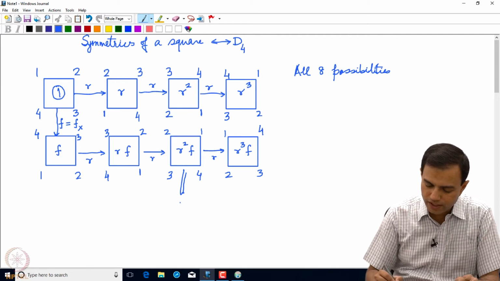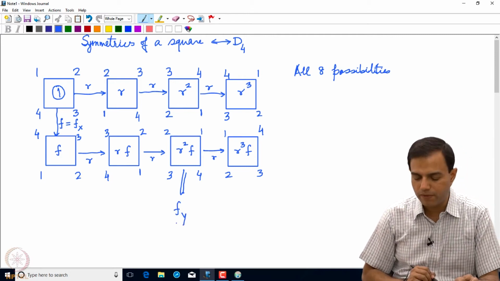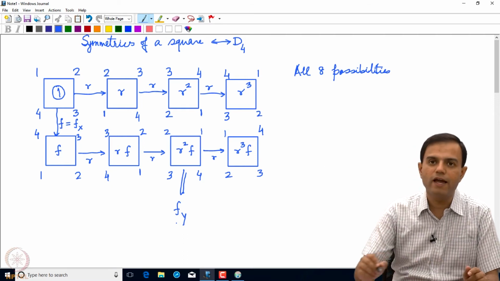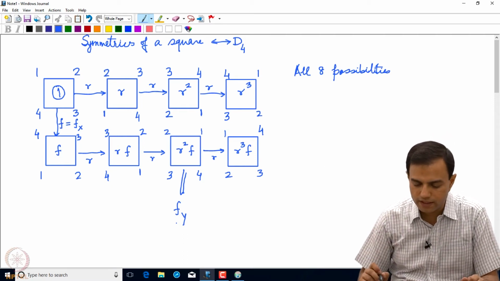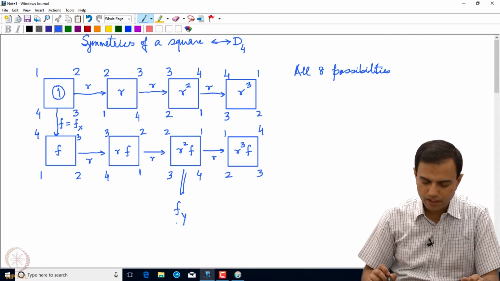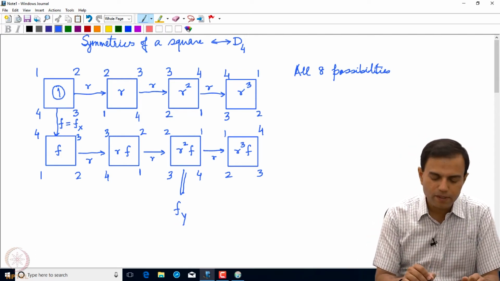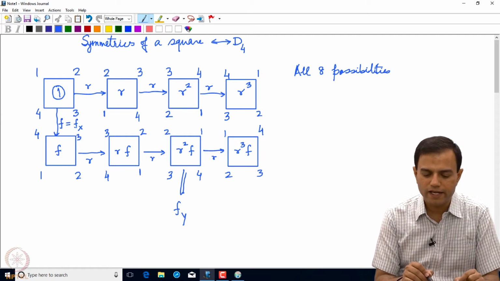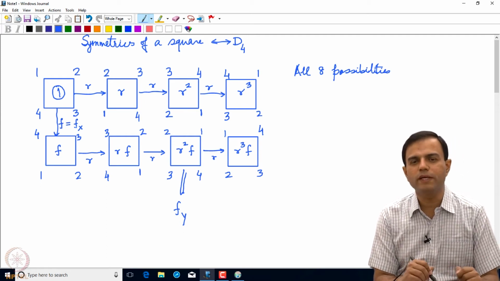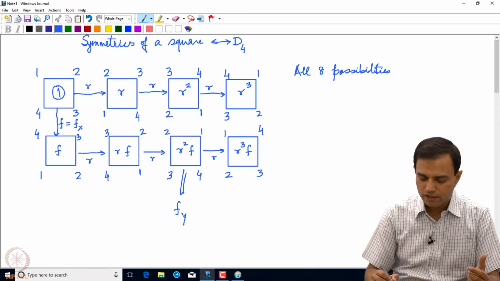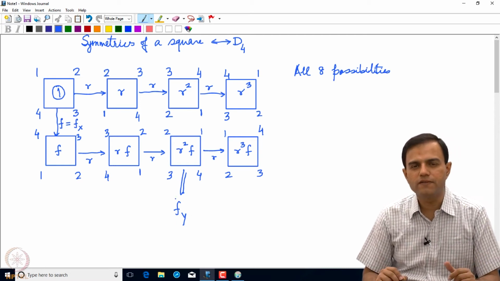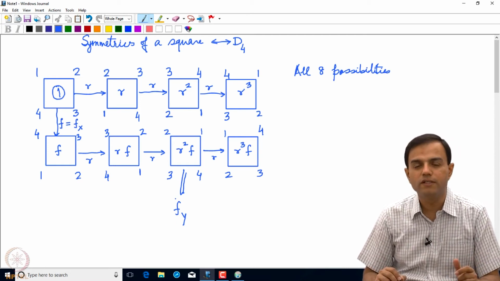So this is Fy, flipping about the y-axis. It's interesting: I did flipping only about the x-axis, and by composing it with rotations by 90 degrees, I could cover flipping about the y-axis as well. Similarly, I have also covered flipping about the diagonal.